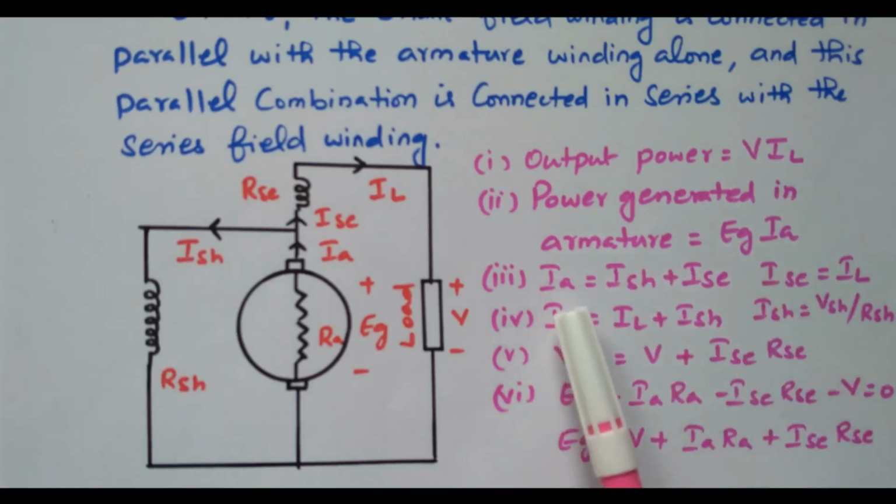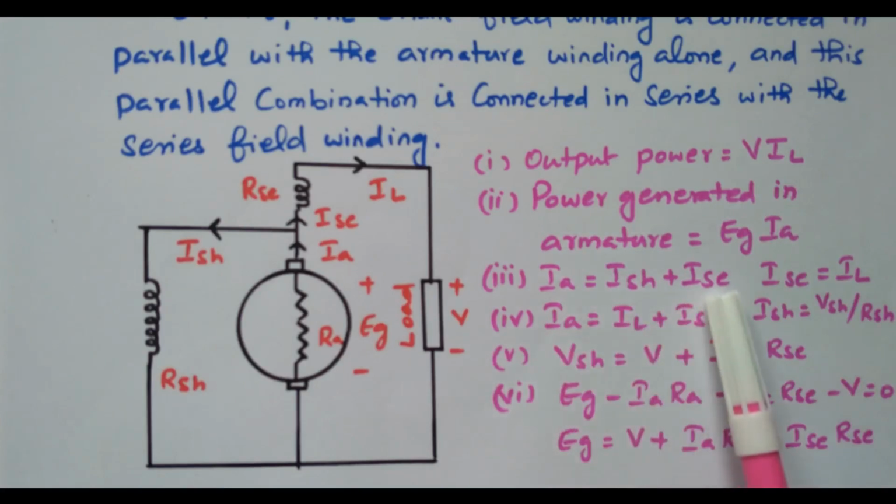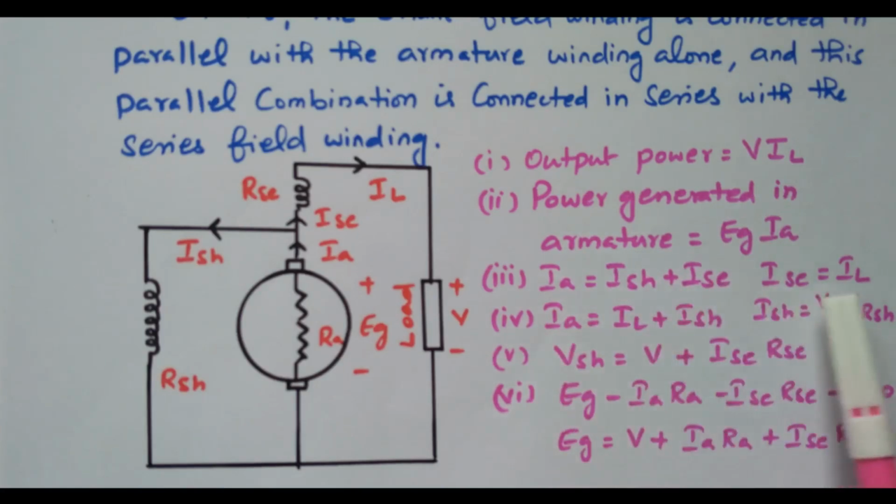We already discussed IA is split into ISC plus ISH, but ISC equal to IL, right? So IA equal to IL plus ISH. The ISH can be calculated as VSH divided by RSH, right? The remaining voltage after the drop is available at the load terminal. So that covers the short shunt generator.